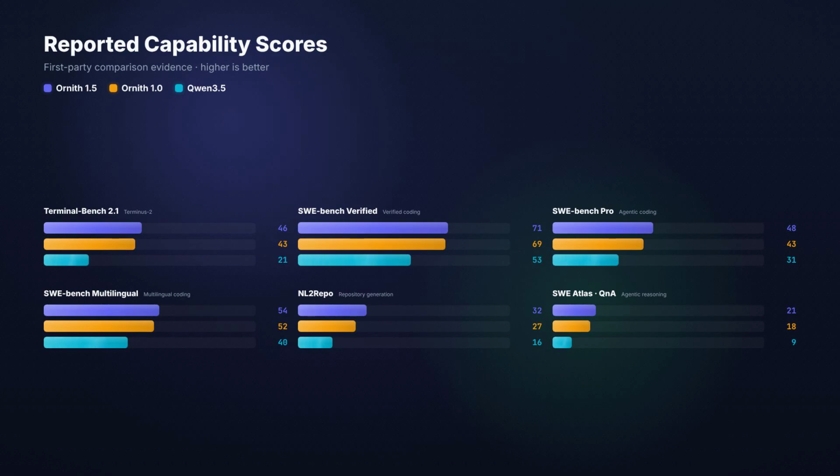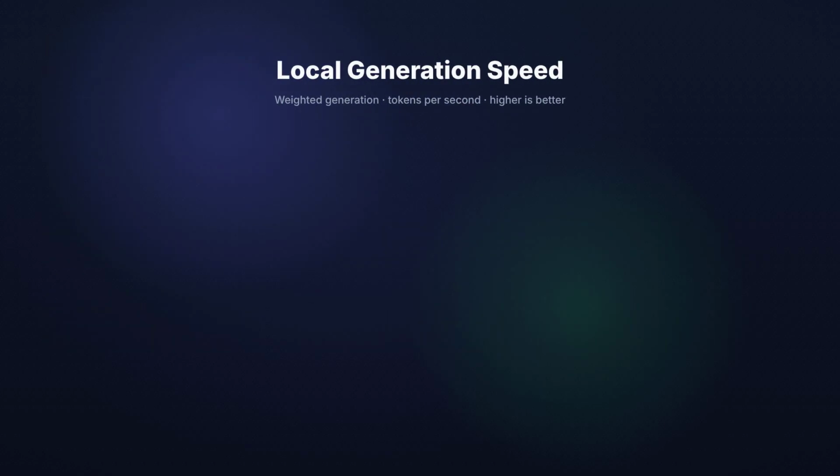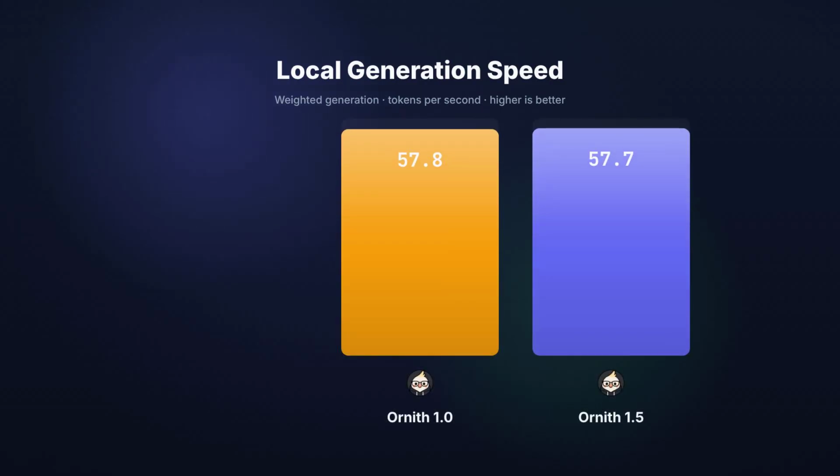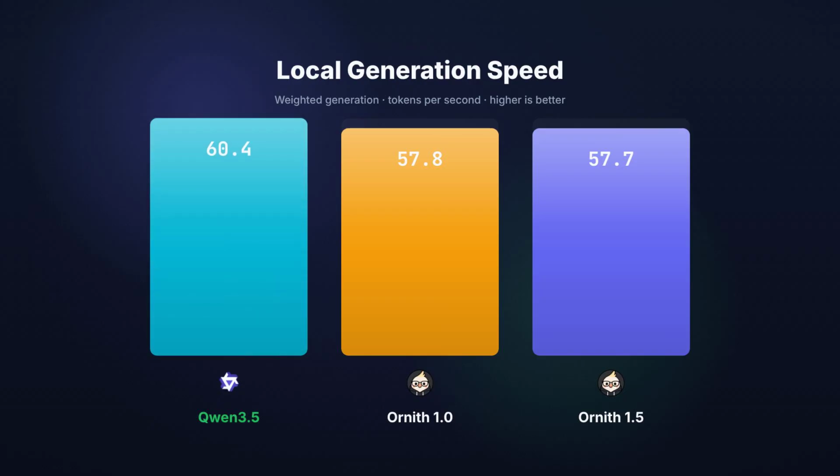measured tokens per second. For local generation speed, Qwen 3.5 leads this run at 60.43 tokens per second, while Ornith 1.5 reaches 57.71. Ornith 1.0 reaches 57.75 tokens per second, leaving the two Ornith releases almost indistinguishable on the aggregate generation result.